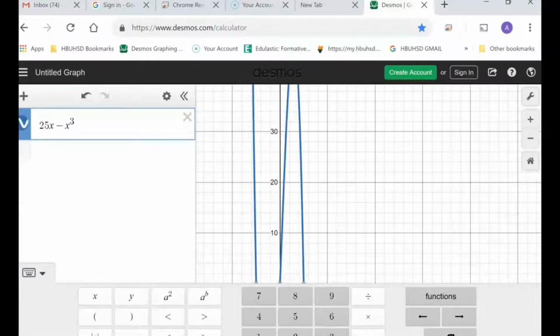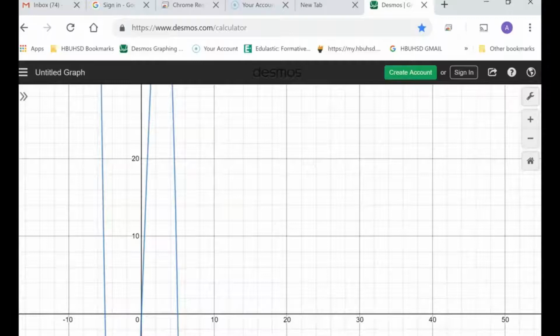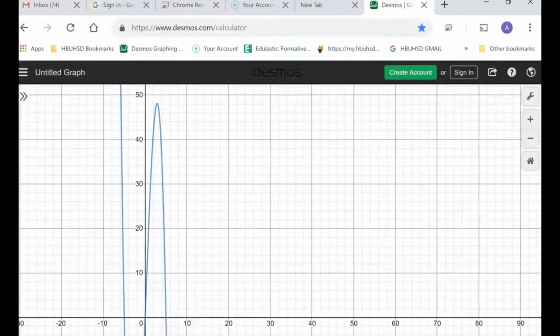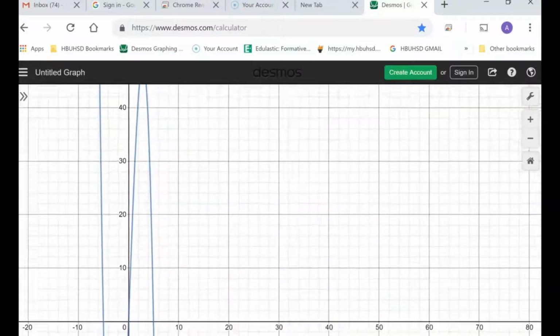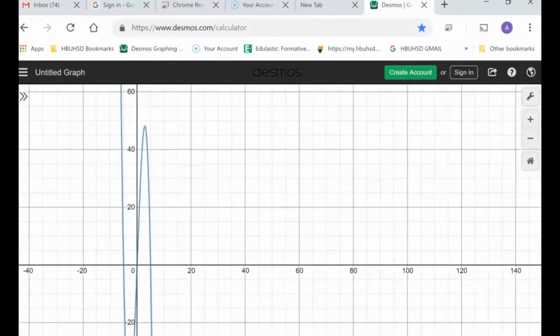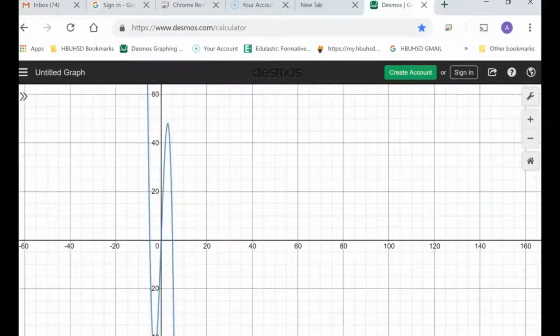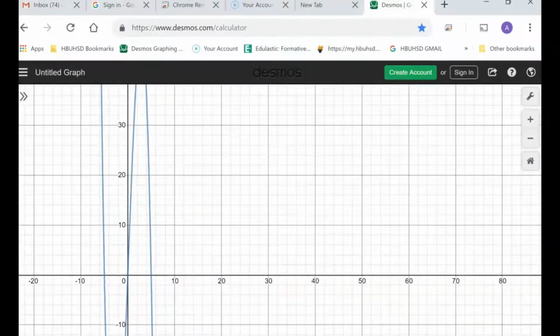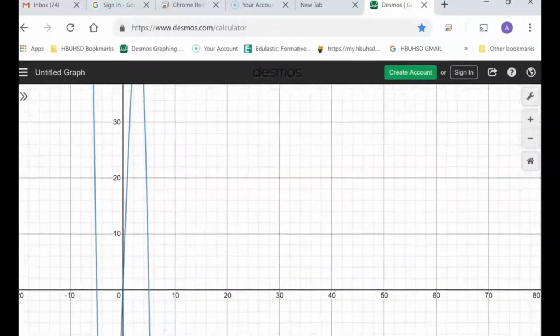Perfect. Now let's zoom in on the applicable portion of your graph. Not everything is applicable. Now, what do I mean by that? This is a graph. As you can see, it's a cubic, so it's going to look like a cubic, but it's an application. X represents the base, so you can't have anything negative on this graph. So you want to zoom in for the x, anything that's bigger than 0.